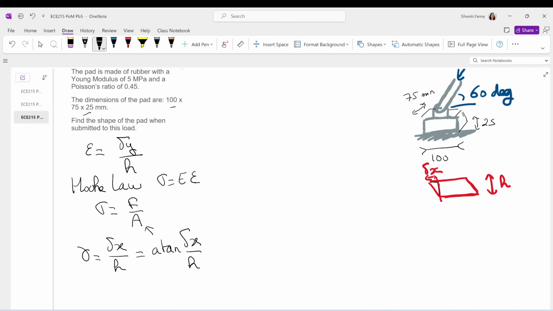In our example, we need to go to 3 significant numbers to get a difference, and it is very minimal, less than 0.1%. So we can use gamma equals delta x divided by h.